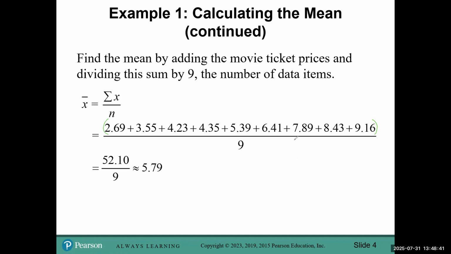So we would end up with a really large number, which would hopefully suggest to you that something was off. But you can see that the average of all of these is $5.79, which makes sense because it's in between the lowest value of $2.69 and the highest value of $9.16. And it's kind of in the middle of the data, which is what I would expect from an average.